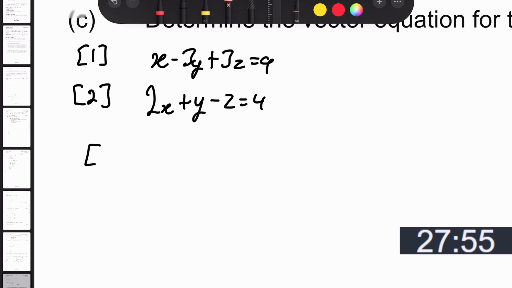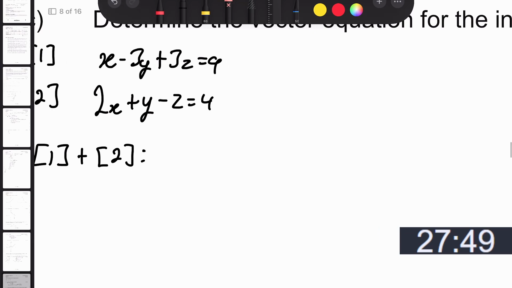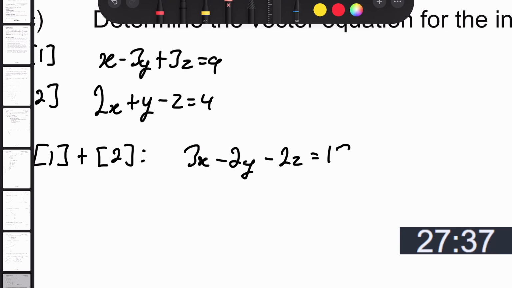If we do 1 plus 2, we get 3x minus 2y plus 2z is equal to 13.